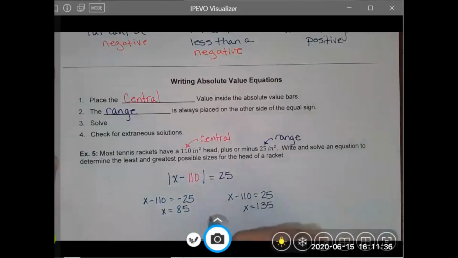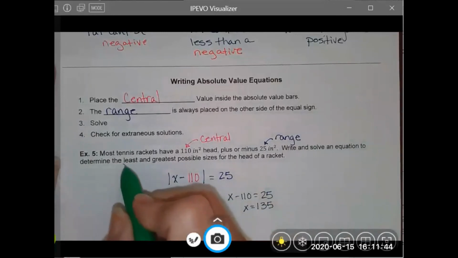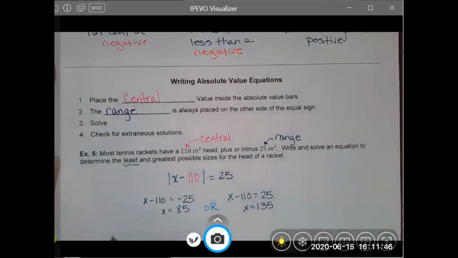I'm going to put in big bold letters here the word or, because it can be the smallest value. That's what it was asking for. It asked me for the least. So the smallest racket head will be 85 inches squared.